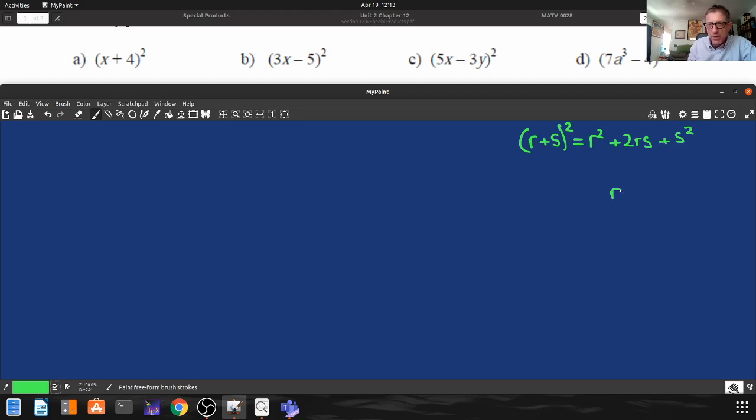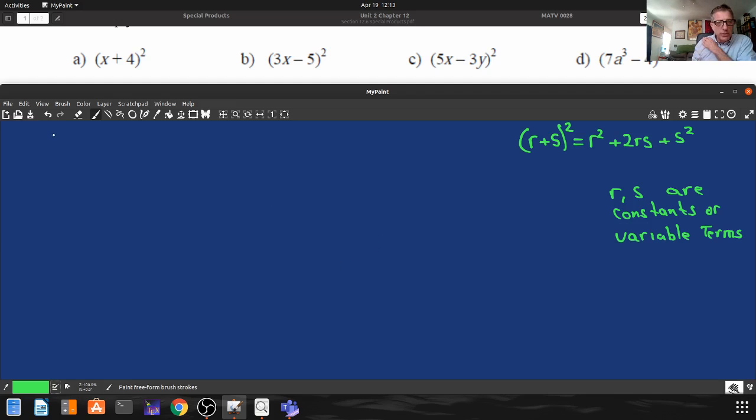Remember, the r and the s are, for us in this class, constants or variable terms, either or both.